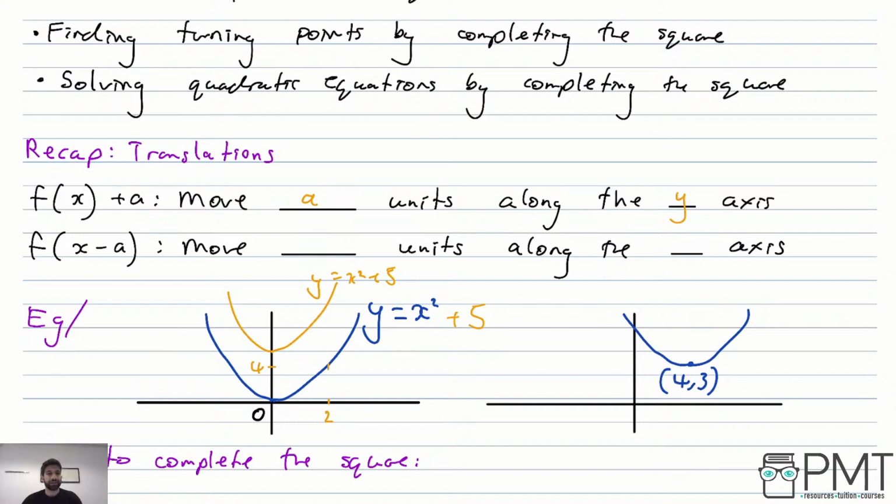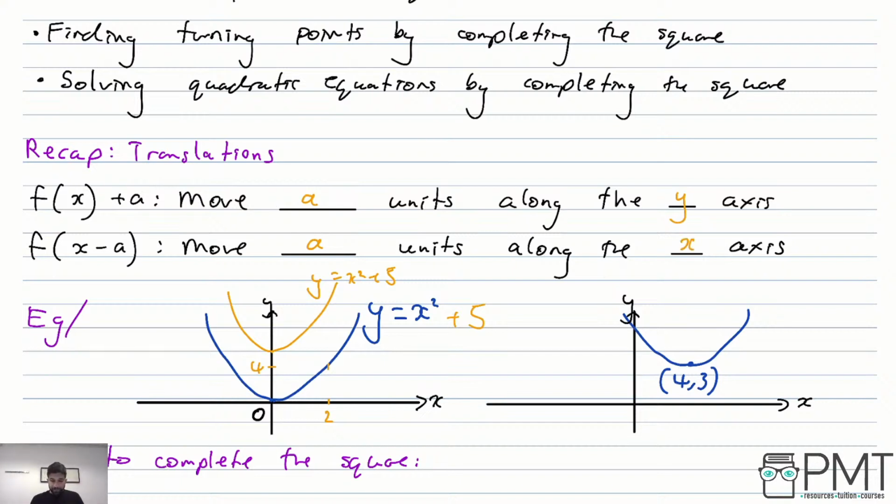Instead of being along the y-axis, let me label these as well. So instead of being along the y-axis, the translation is along the x-axis. So if you have f of x minus a, that's going to be moving a units along the x-axis.